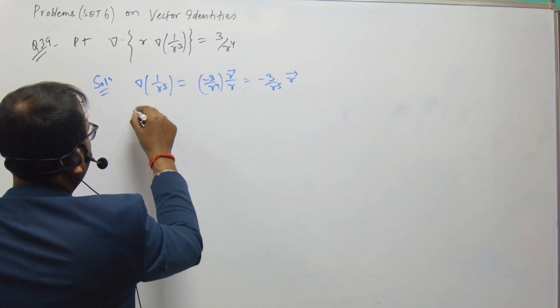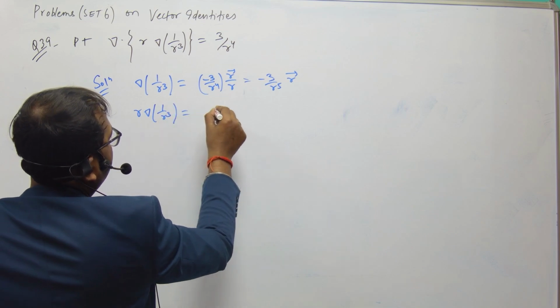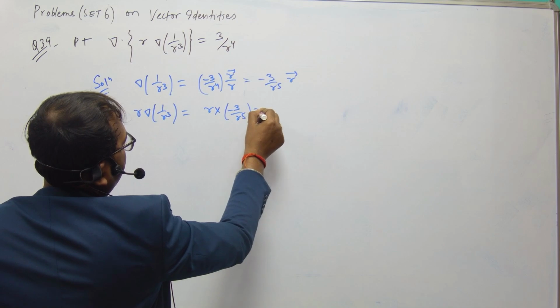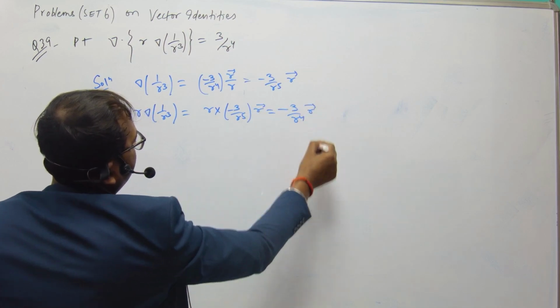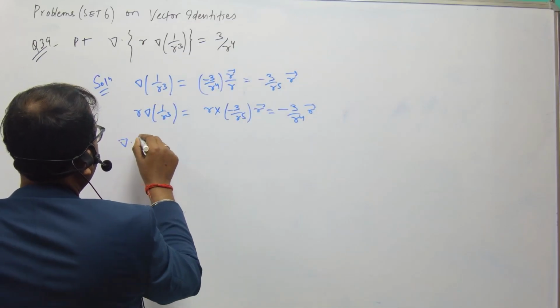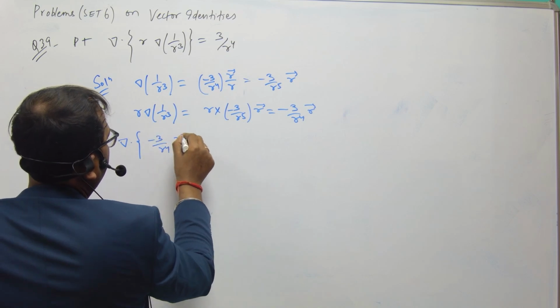We have r times del of 1 upon r cube equal to r times minus 3 upon r5 r vector, equal to minus 3 upon r4 r vector. Now we have del dot, that is the divergence, of minus 3 upon r4 r vector.